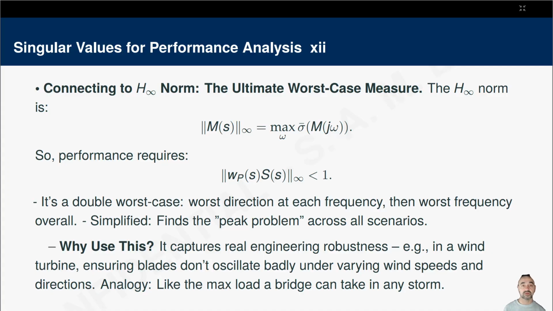Again, if you go back to the definition of singular values, we are talking about singular values at each frequency. And then we have to consider worst frequency overall, which is max over all omegas, all frequencies. This is exactly how robustness specs are set, essentially.